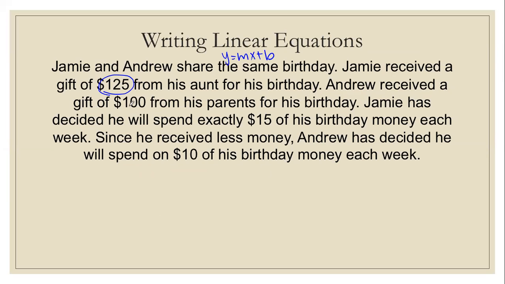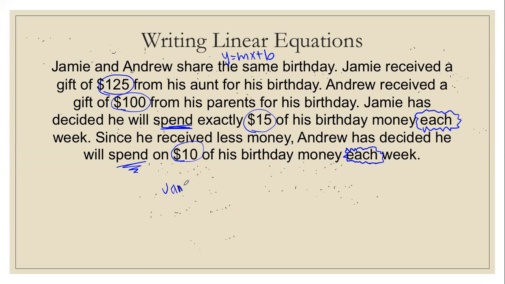Andrew received a gift of $100 from his parents for his birthday. Jamie has decided he will spend exactly $15 of his birthday money each week. Since he received less money, Andrew has decided he will spend $10 of his birthday money each week.